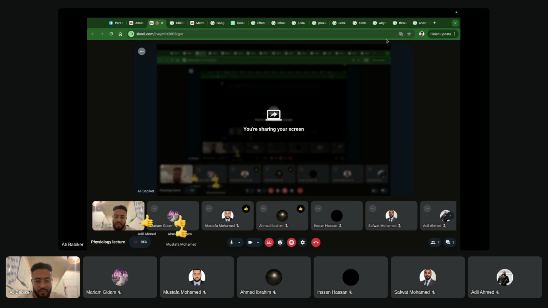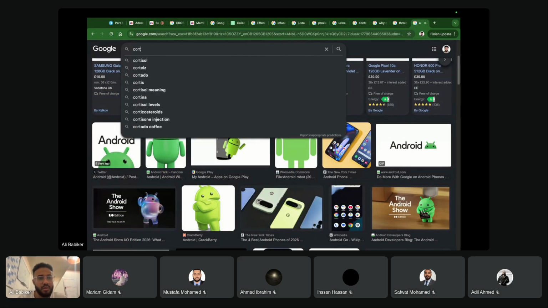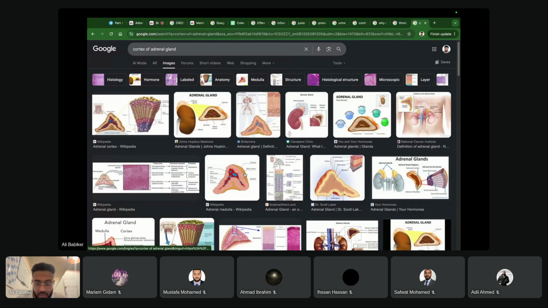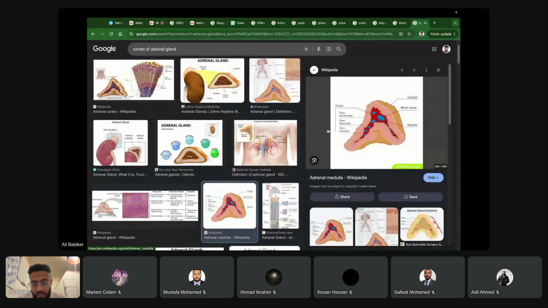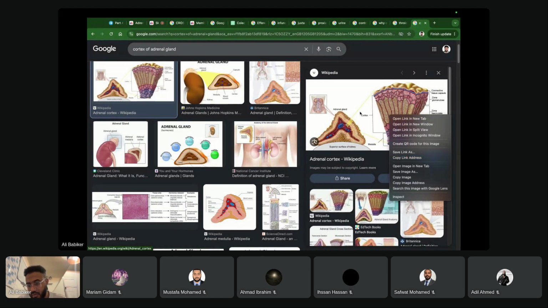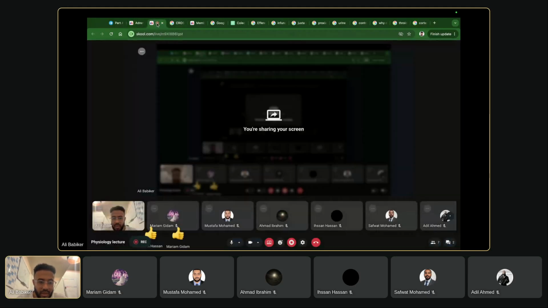Let me just change the image. Fine. I played with it a lot, but it was not accurate. Fantastic.